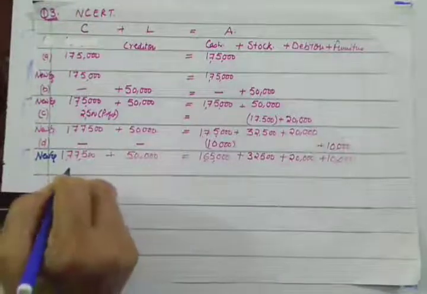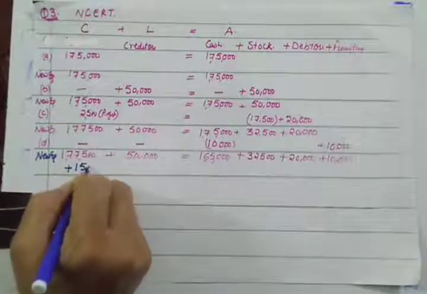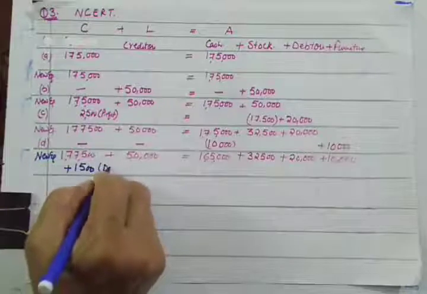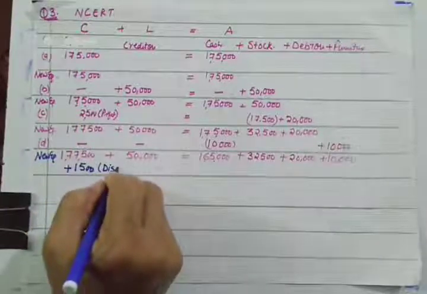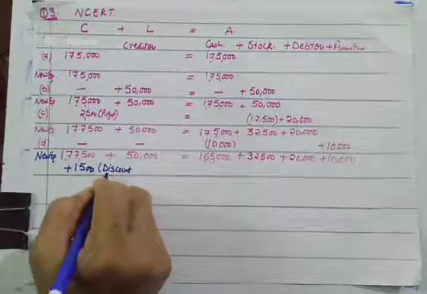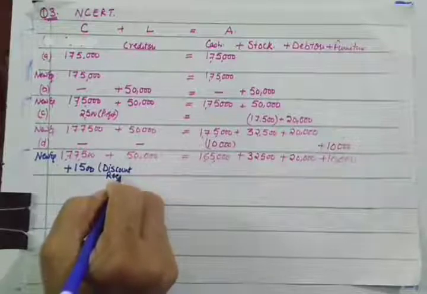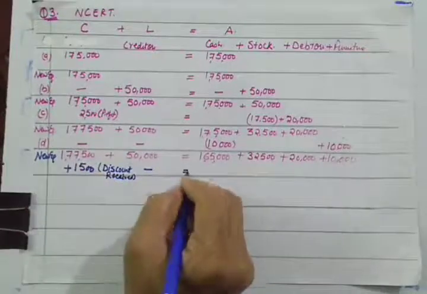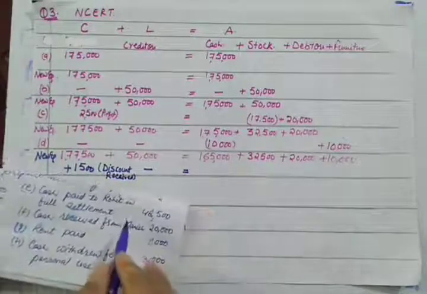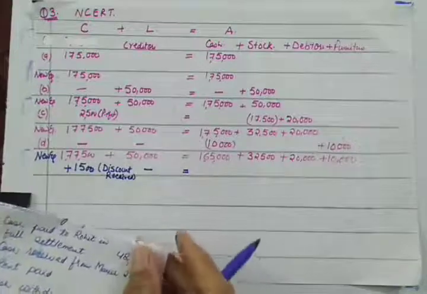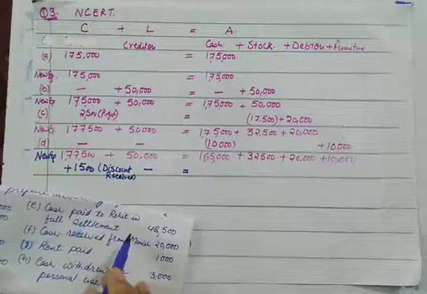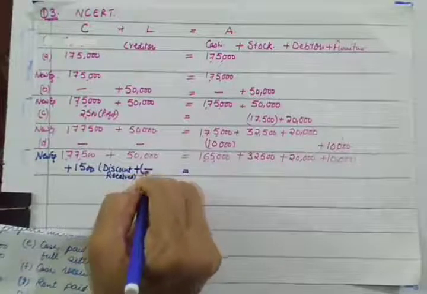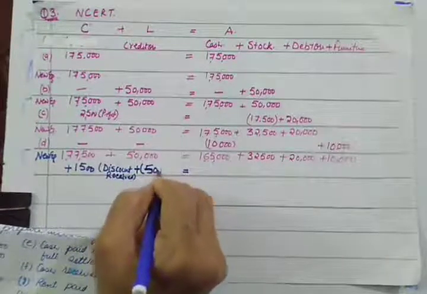So you can add this gain, 1,500, in the capital. And what is the name of this? This is a discount received. No change in the creditors, and when you are paying to Rohit in full settlement, your creditors will reduce by 50,000.